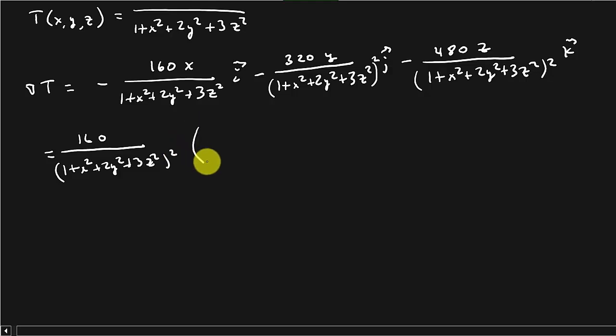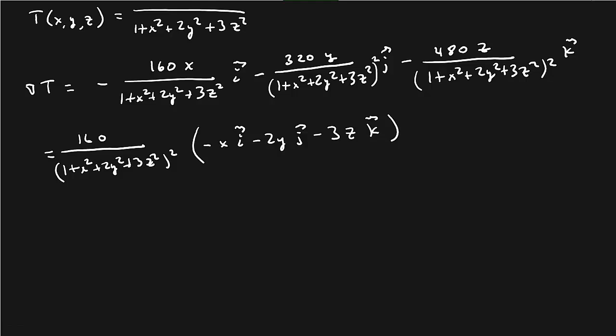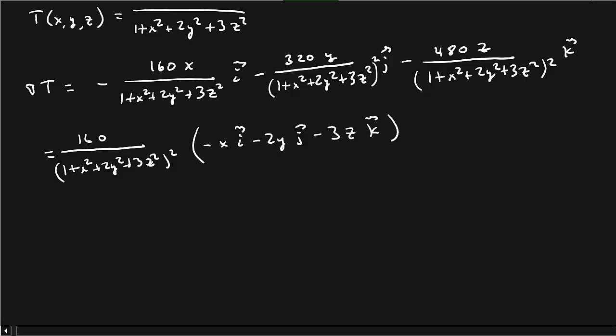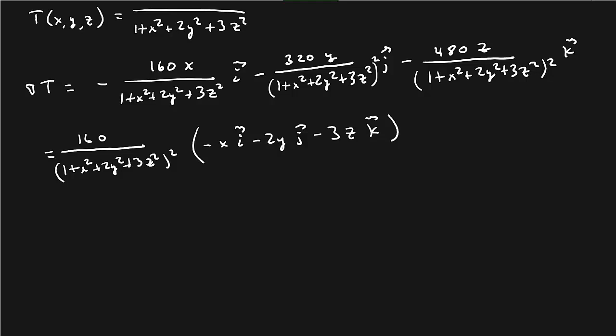We would be left with negative x times vector i, minus 2y times vector j, minus 3z times vector k. So we factored out a common factor of 160 over the 1 plus x squared plus 2y squared plus 3z squared, all of that squared.